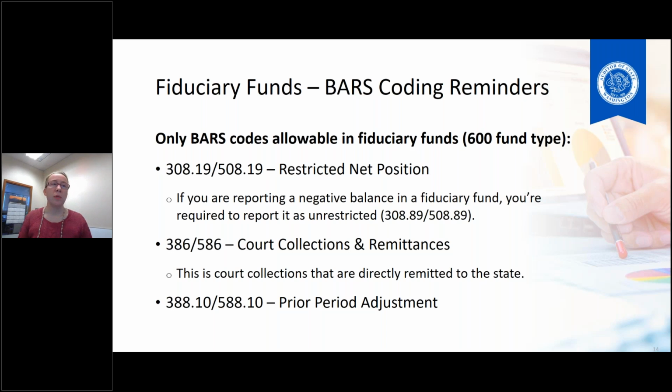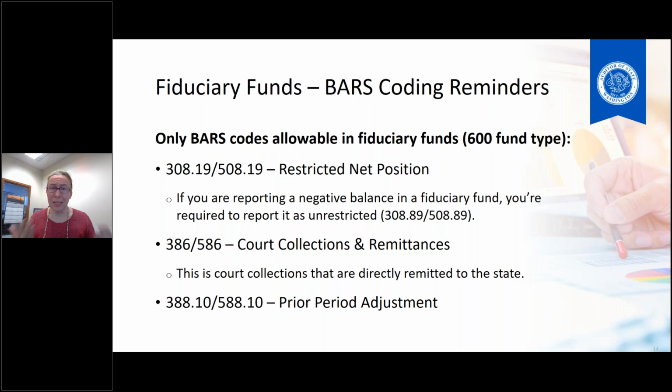First, let's start with beginning and ending net position. Under most circumstances, your net position in a fiduciary fund would fall under the 308-508-19 codes, which are our restricted net position. This is because fiduciary funds are controlled by an external entity.